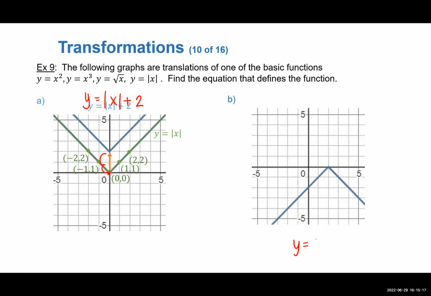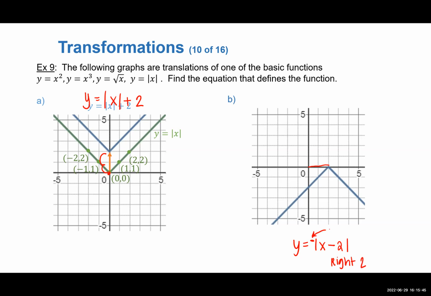Again, now this time we're taking the absolute value function. It looks like we flipped it upside down, so we flipped it across the x-axis, which means we take the entire function and put a negative in front of it. But then we also shifted it horizontally 2 units. So we need to go into the actual x and subtract 2. Remember, subtraction of 2 means to the right 2.